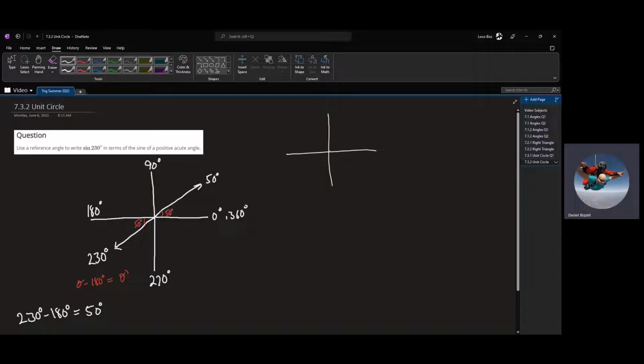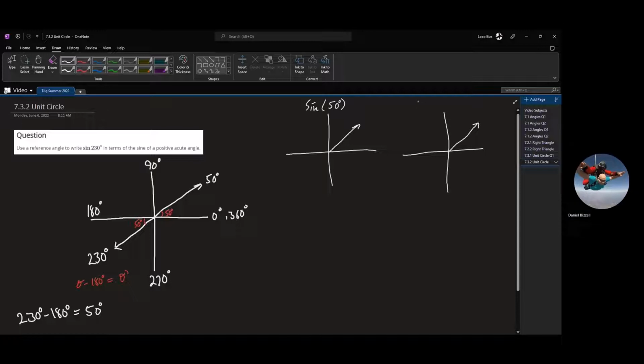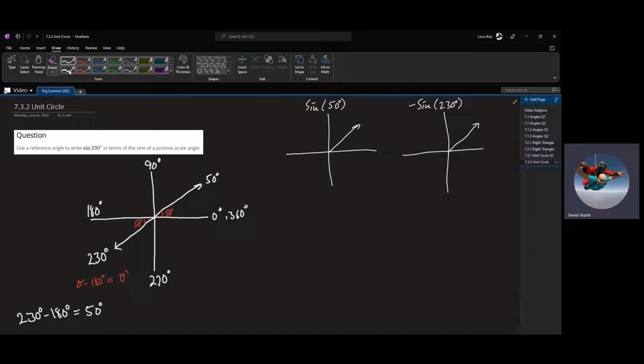So I could describe it as sine of 50 degrees, or I could describe this very same angle as the negative sine of 230 degrees. And you might be asking, well, how is that the same angle? Or two ways of describing the same angle.